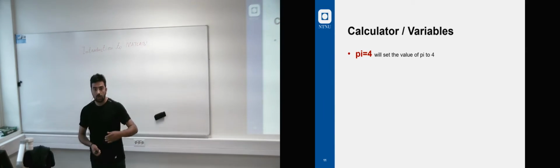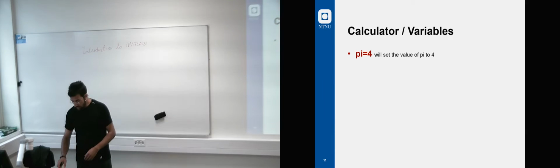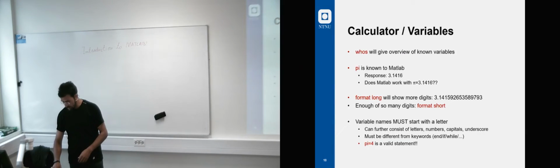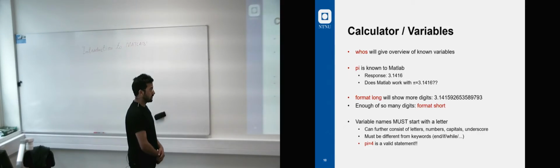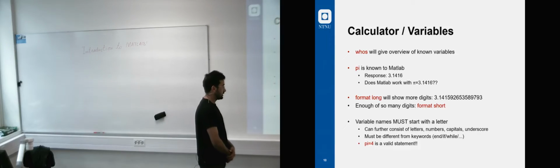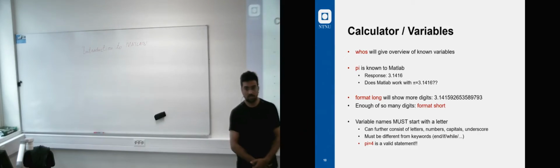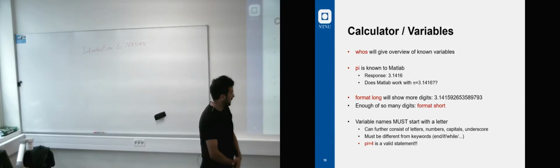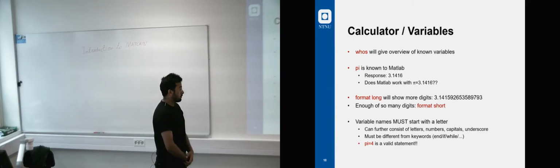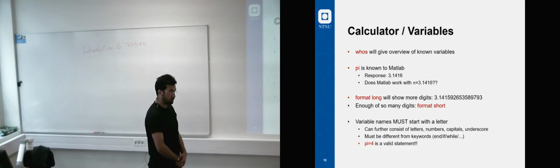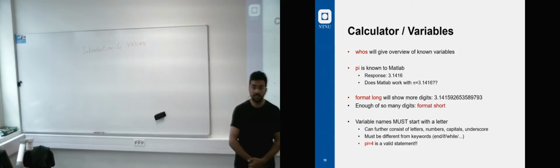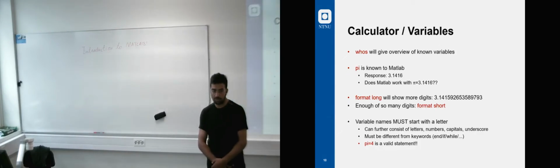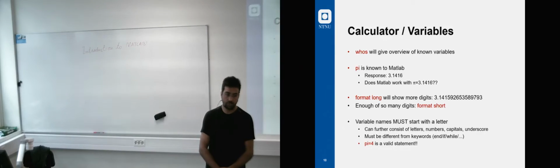Before telling you how we can change it back, there are some naming conventions for how you can create a variable and what it should contain. As written here, it should start with a letter and must be different from keywords. Keywords are already defined in every programming language and they have a specific meaning.